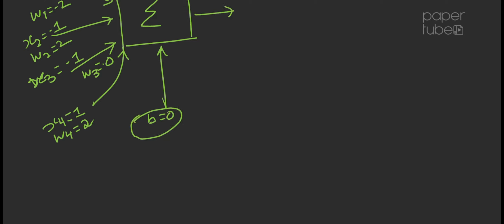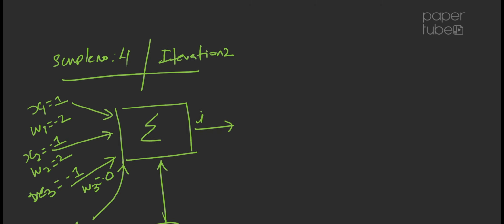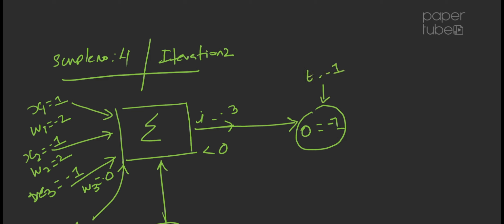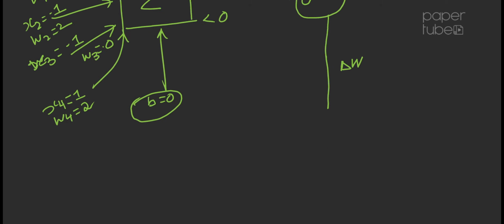If you calculate the net input, this should give a value of -3, which is less than 0. So your propagation function will fire an output -1, and our target in fact is -1. So in this case we don't have to change the weight.